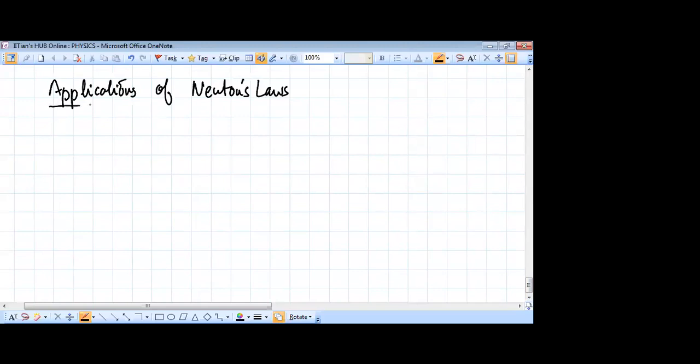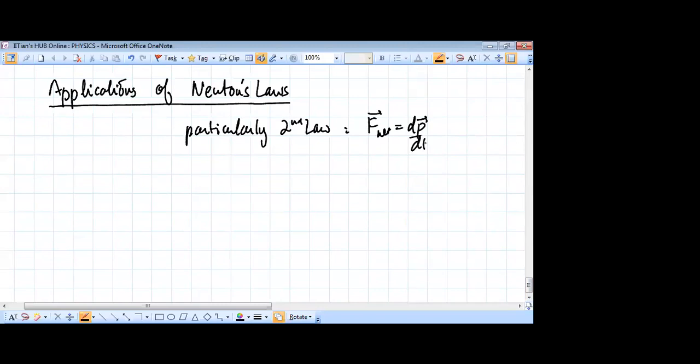When we say applications of Newton's laws, the most prominent one, particularly the second law, that is net force is equal to rate of change of momentum. Let us look at some applications of this.